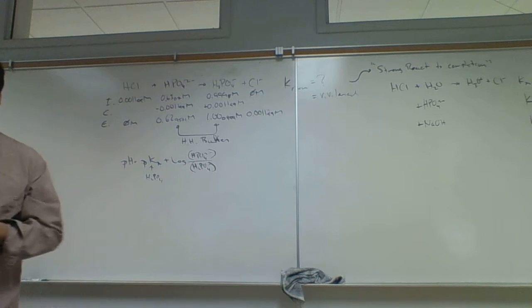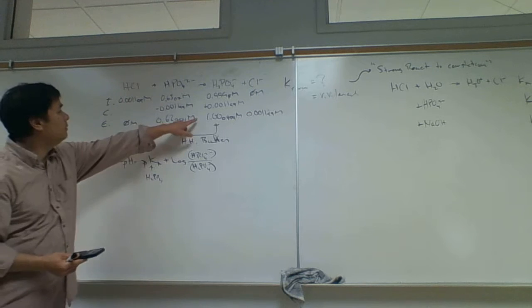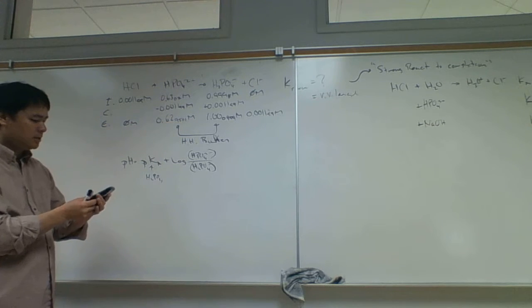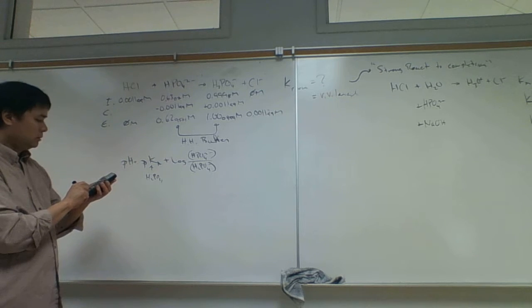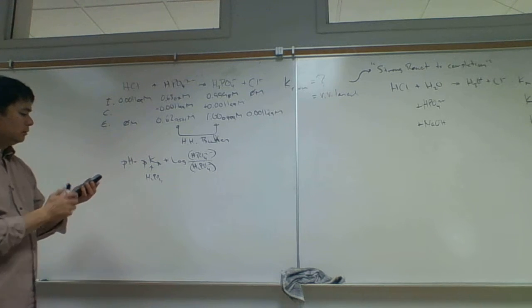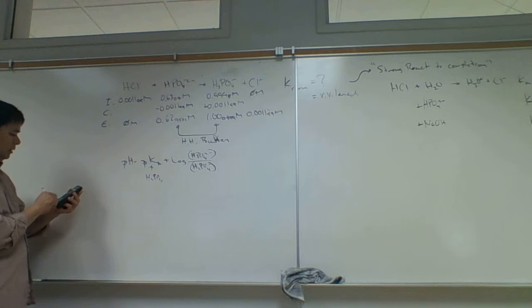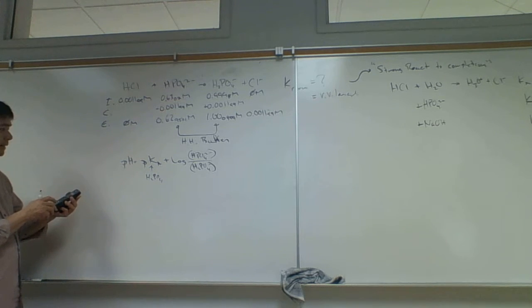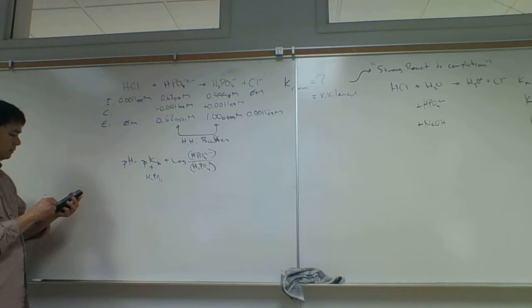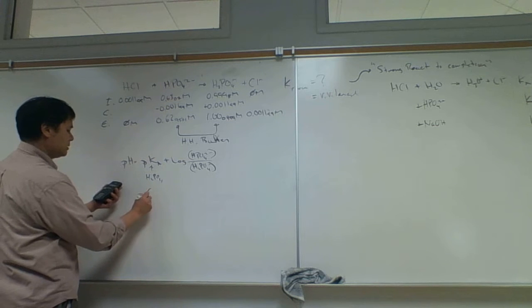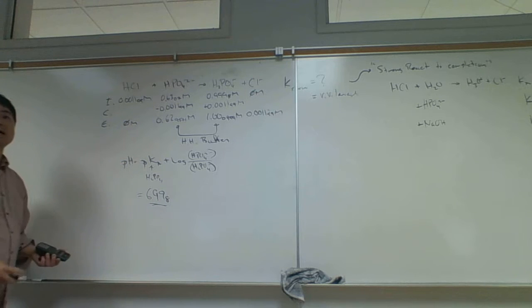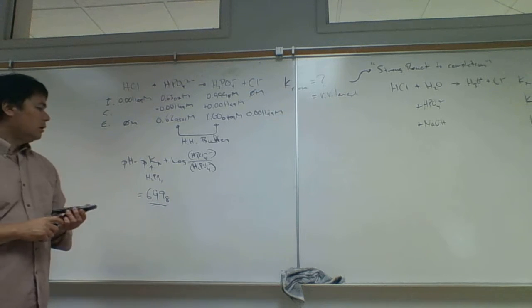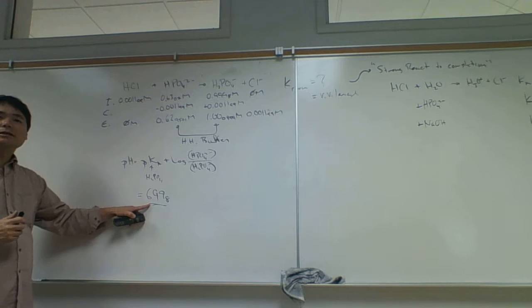And so let's figure that out. I'll take the base divided by the acid, take the log of that, plus 7.2, and it comes out to 6.998 as the pH. All right, which rounds to pH 7.